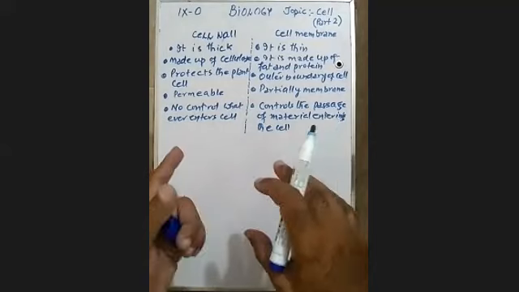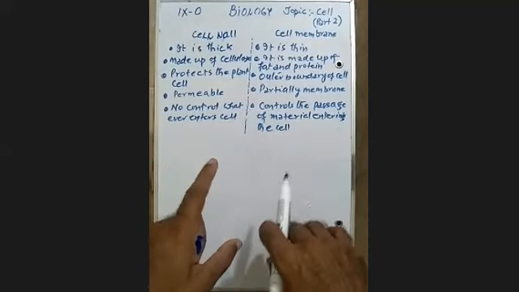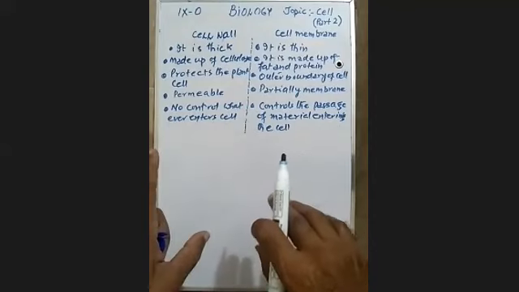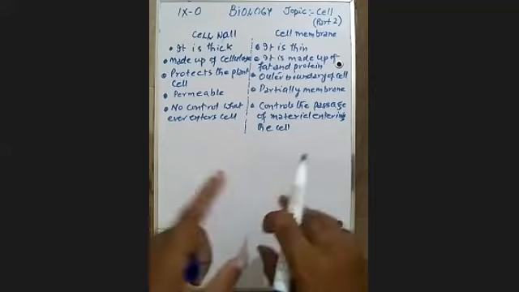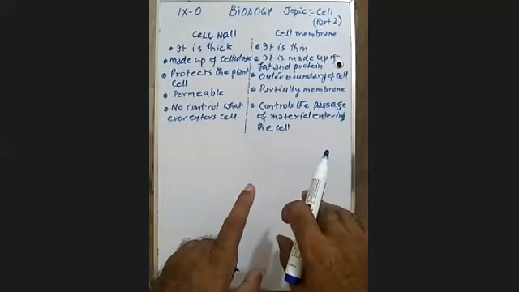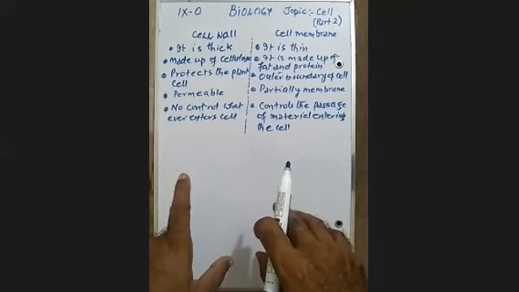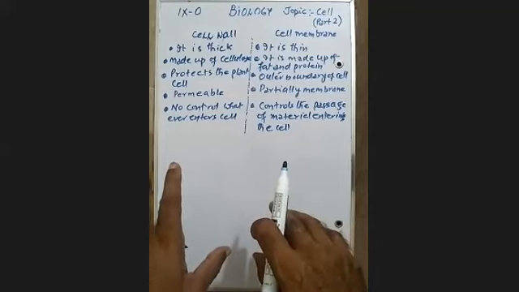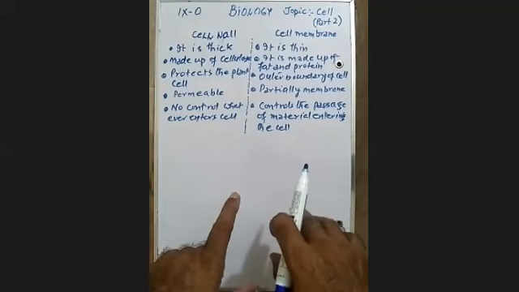If the question comes, what is the difference between cell wall and cell membrane? You will say cell wall is thick, cell membrane is thin. Number two, cell wall is made of cellulose, a type of carbohydrate. Cell membrane is made up of fat and protein. Third point, the cell wall protects the plant cell. Cell membrane is the outer boundary of the cell.